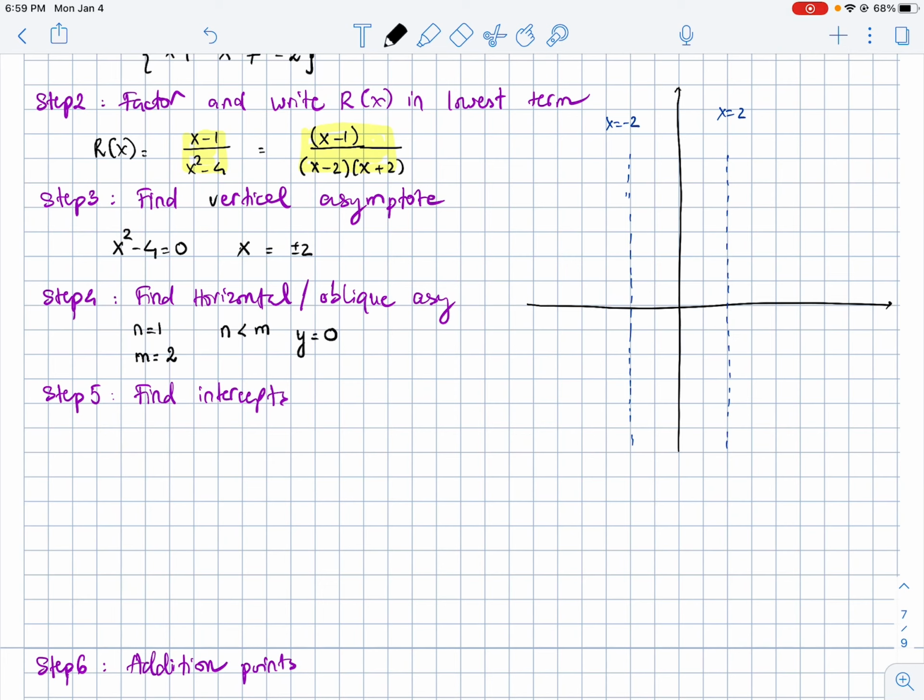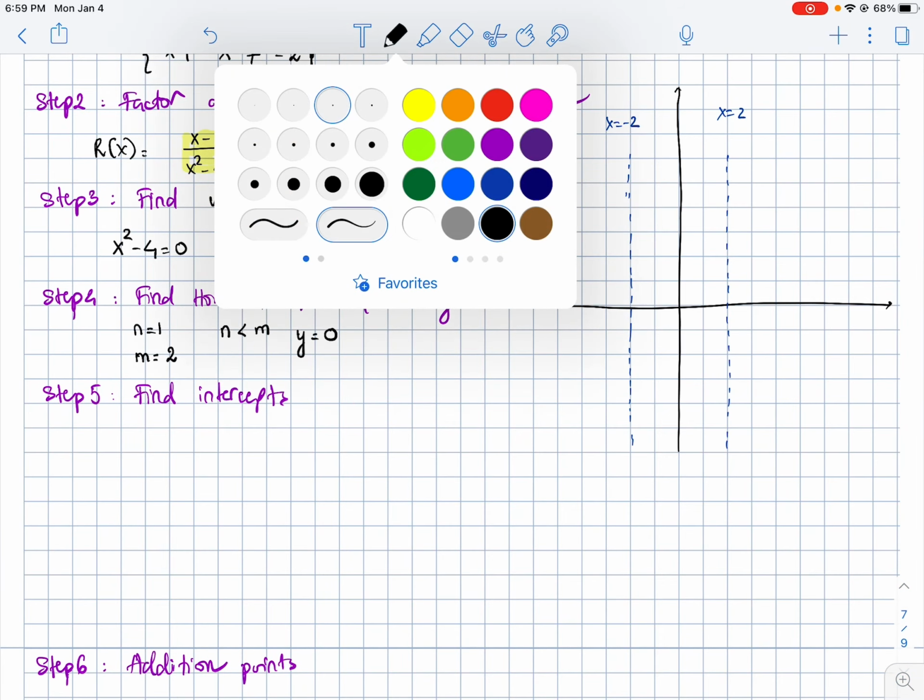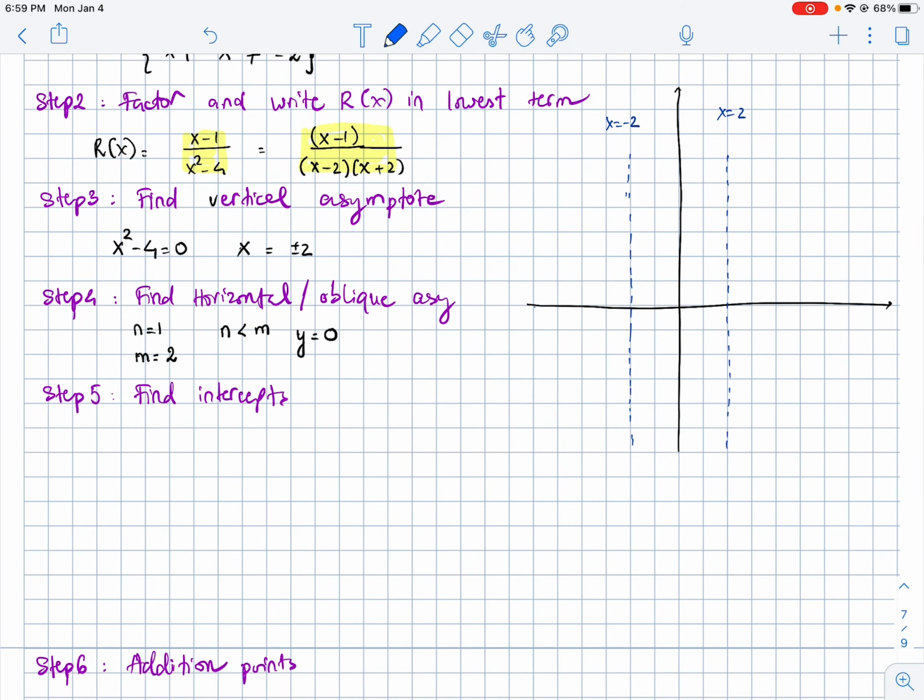You recall that we have either a horizontal asymptote or an oblique asymptote. So when we have the horizontal asymptote, it means that we do not have the oblique asymptote. The horizontal asymptote is y equals 0, and y equals 0 is the x-axis.